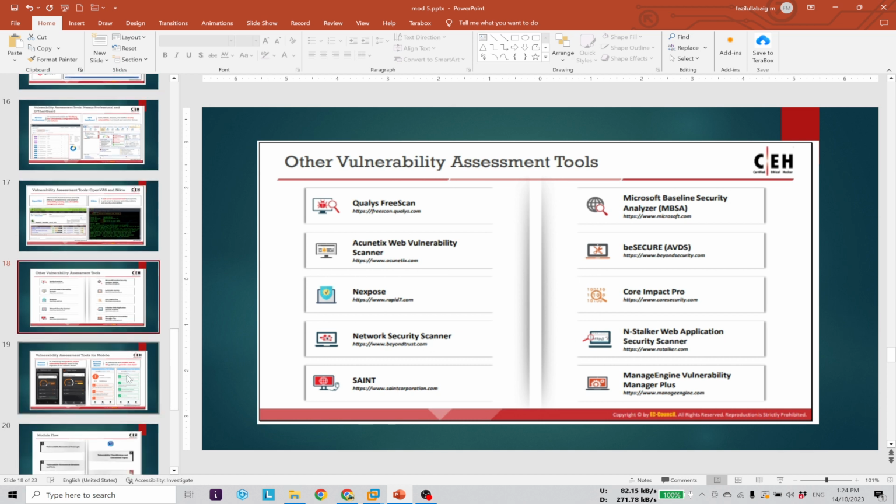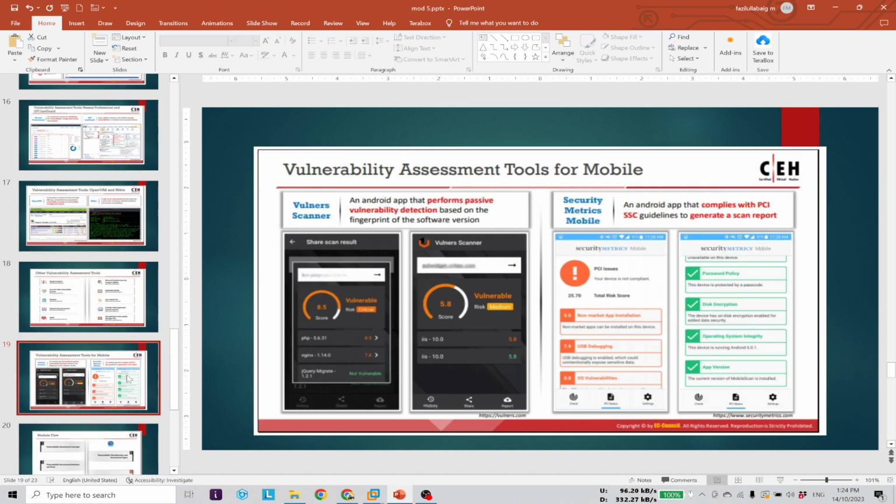Okay, so let's see in the next what tools are there. Here are tools for mobiles. Let's see, Vulner Scan, an Android app that performs passive vulnerability detection based on the fingerprint of the software version. I'm not sure whether this application requires root, because I've not used it, but many tools are there.